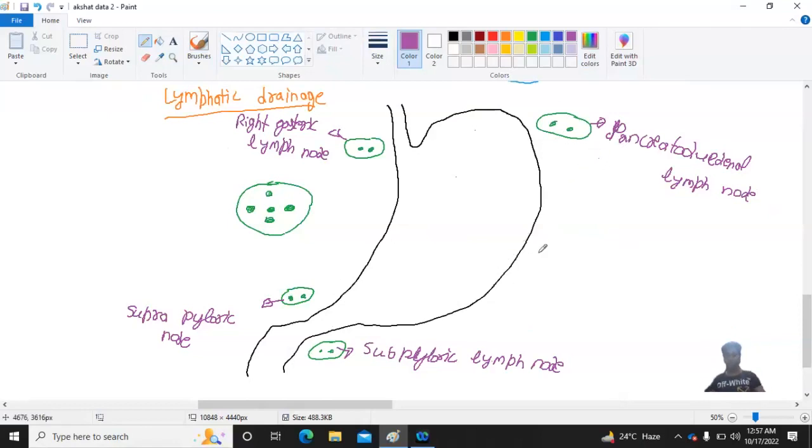So these are some lymph nodes. And another is the epiploic lymph node. Another important node we can also draw.